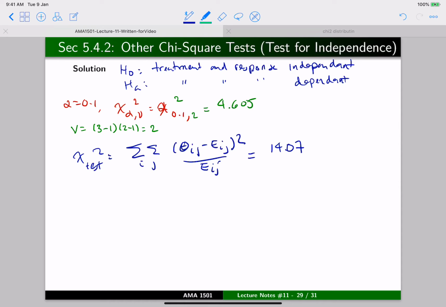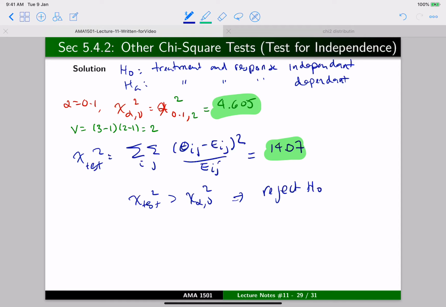And if you compare this value with this value, the test statistic is greater than chi alpha nu, which means that we are in the critical region, which means that we reject.